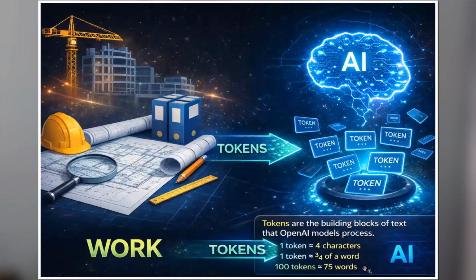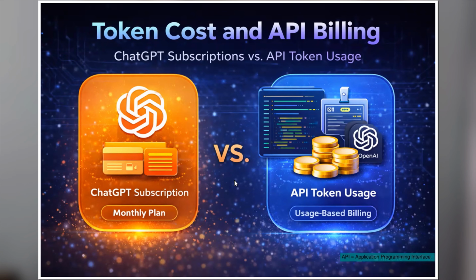Going forward, let's talk about tokens. You should know that tokens are the building blocks of text that AI models process. This is very important because you're going to be hearing a lot about tokens in the future. As you listen to the news these days, they're going to be talking about the cost of tokens.